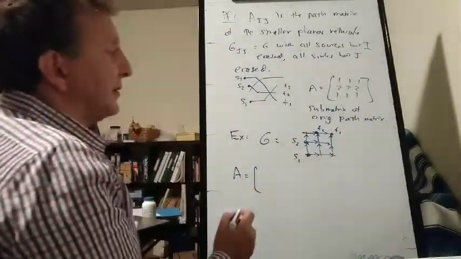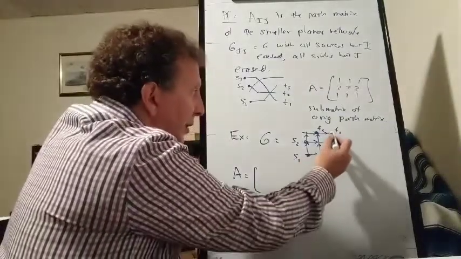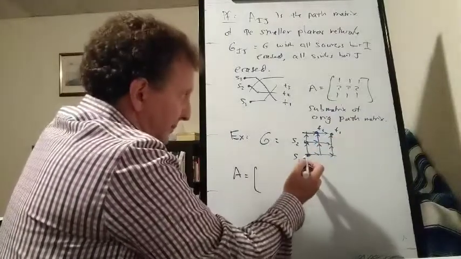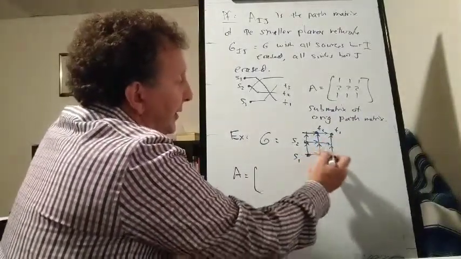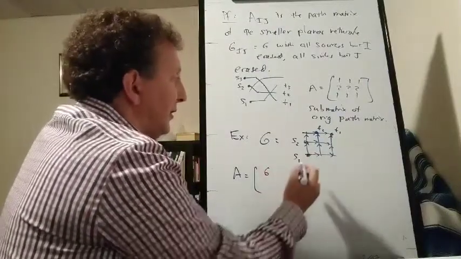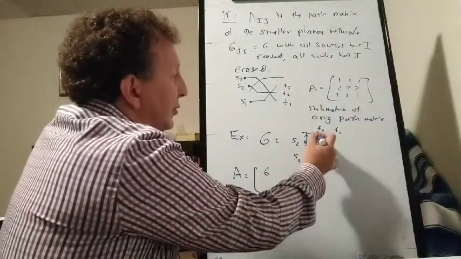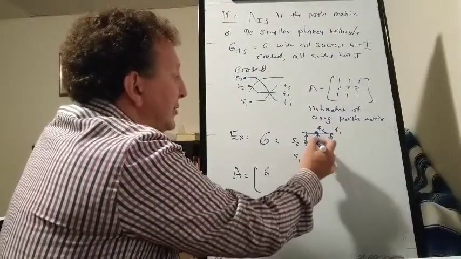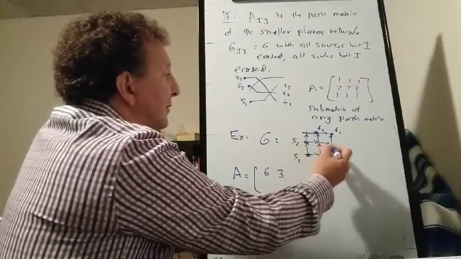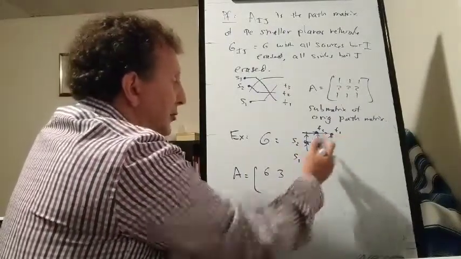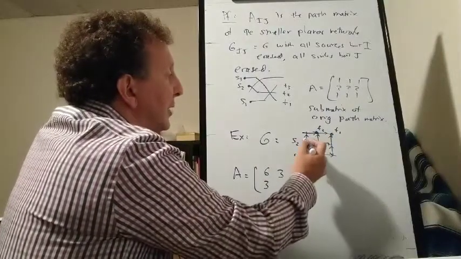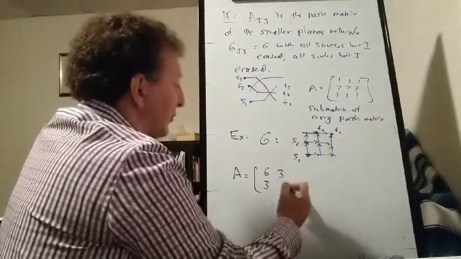And the path matrix is, let's see, from source 1 to sink 1, these are all of the lattice paths of length 4 that have 2 steps up. So that's 4 choose 2, so there's 6 of those. From source 1 to sink 2, we've got 3 choose 1, so 3. From source 2 to sink 1, we've got 3 steps choose 1 up, so that's 3. And then from source 2 to sink 2, we've got under the square, over the square, 2.